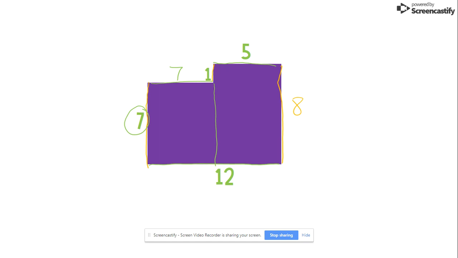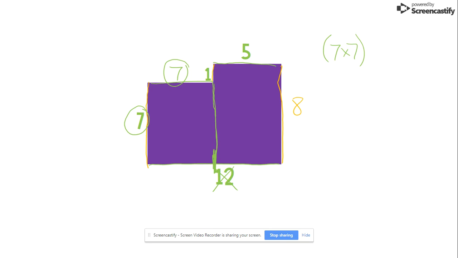The top of this rectangle says 7, and the bottom, that number 12 is down there. But when I drew this line, I have now split the line that the 12 belonged to, so I can no longer use that number 12 since I cut it earlier. So the top number for this rectangle would be 7. And the area for the left-hand rectangle would be 7 times 7.